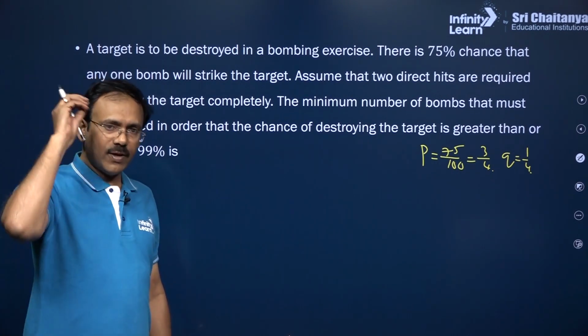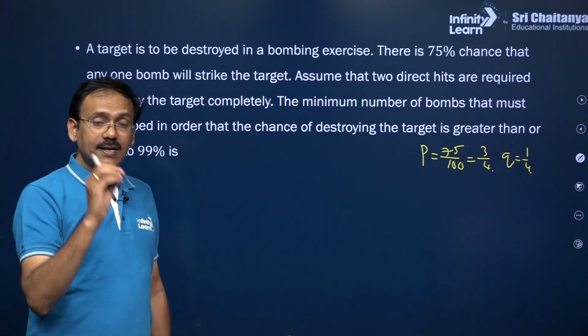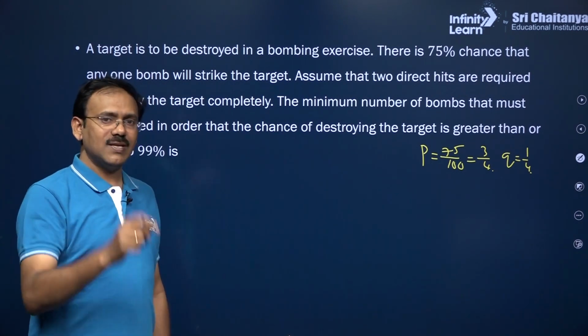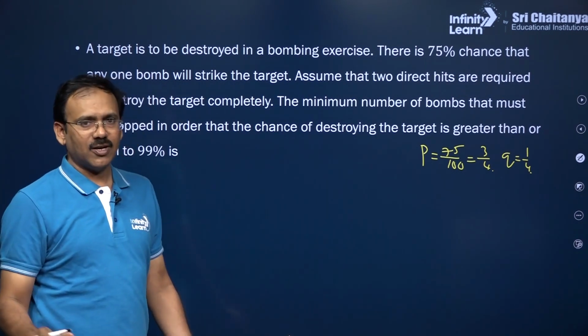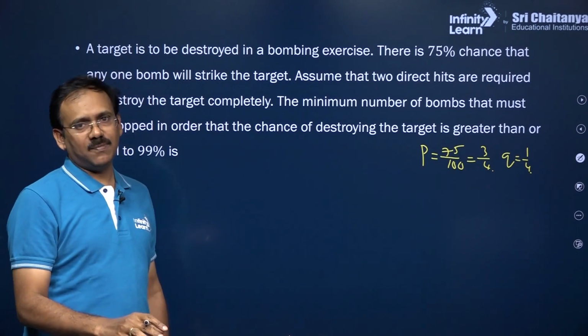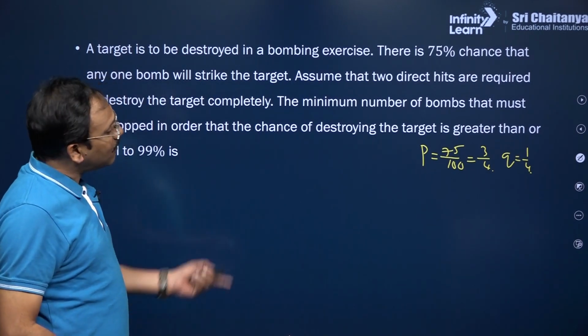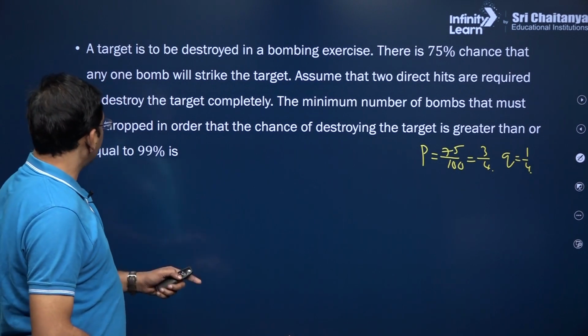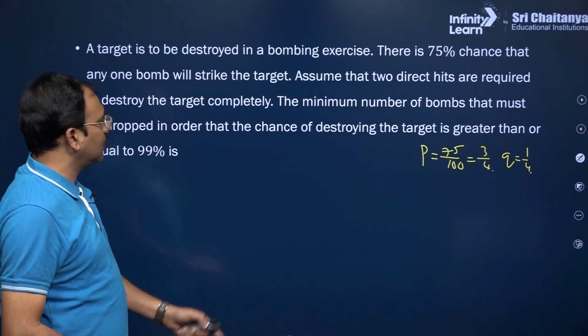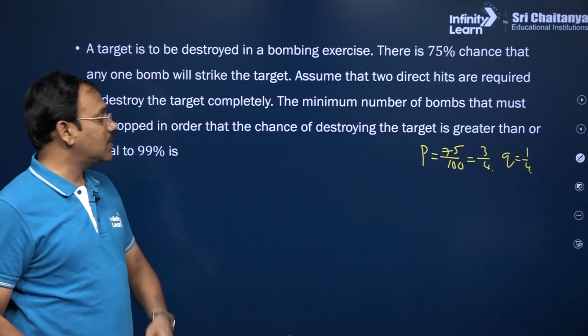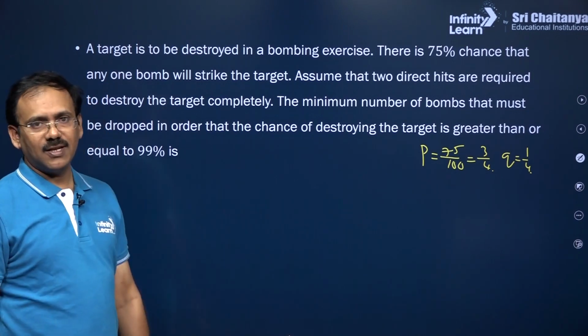That means suppose if I put 10 trials, at least two hits should be there. In a single hit, the target will not be destroyed. So it needs 2 successes minimum. The minimum number of bombs that must be dropped in order that the chance of destroying the target is greater than or equal to 99%.